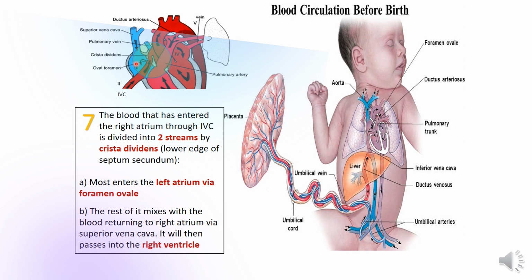So from the IVC to the right atrium, some will enter the left atrium, and some will join the blood that returns from the superior vena cava to enter the right ventricle.